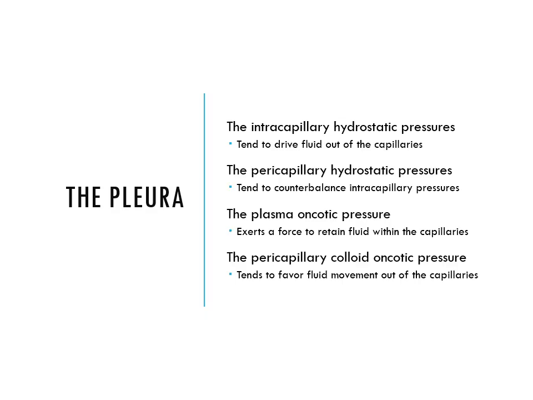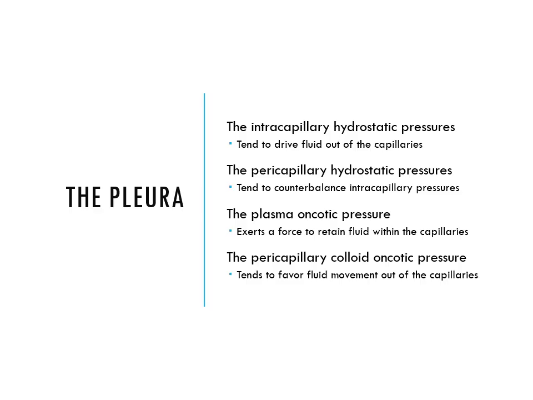So how does all this work? The intracapillary hydrostatic pressures tend to drive fluid out of the capillaries, and the pericapillary hydrostatic pressures tend to hold this off, keep this from happening. They counterbalance the force.